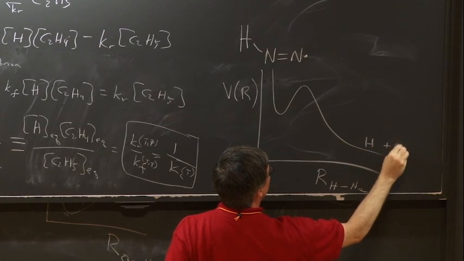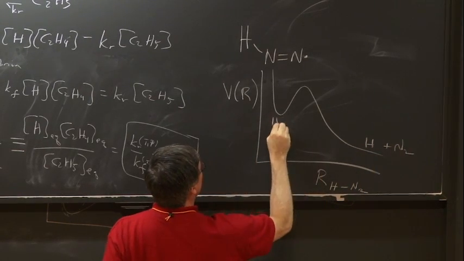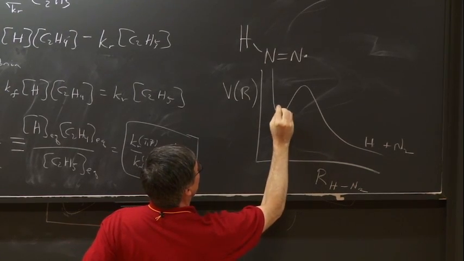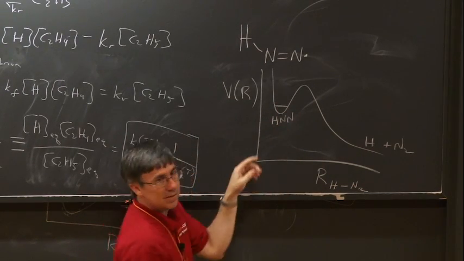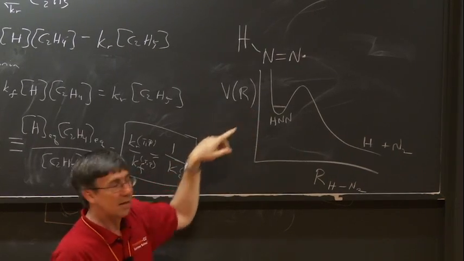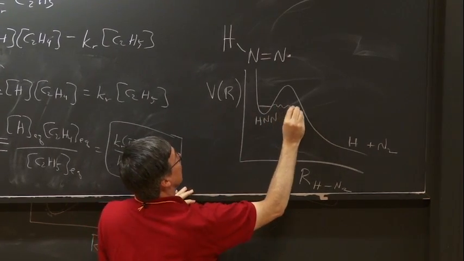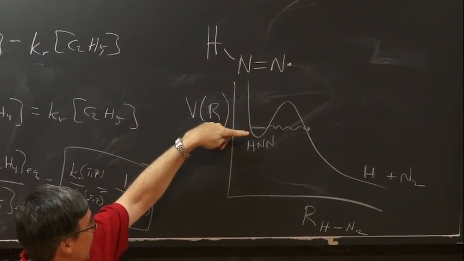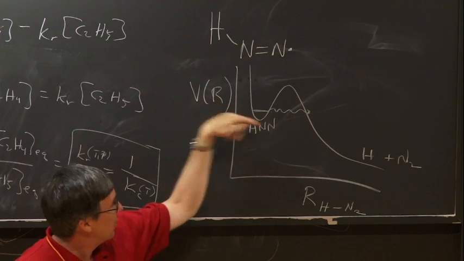So here's H plus N2. Here's HNN. And in this case, you can have a situation where even the ground state, the V equals 0 state, the tunneling rate is significant. And so this one, even in the ground state, is just going away.